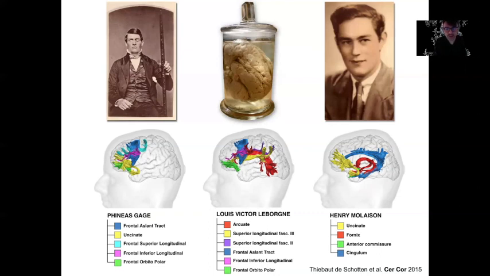The fornix, which we know, when it is disconnected after a surgery of a colloid cyst, will lead to episodic memory disorders.